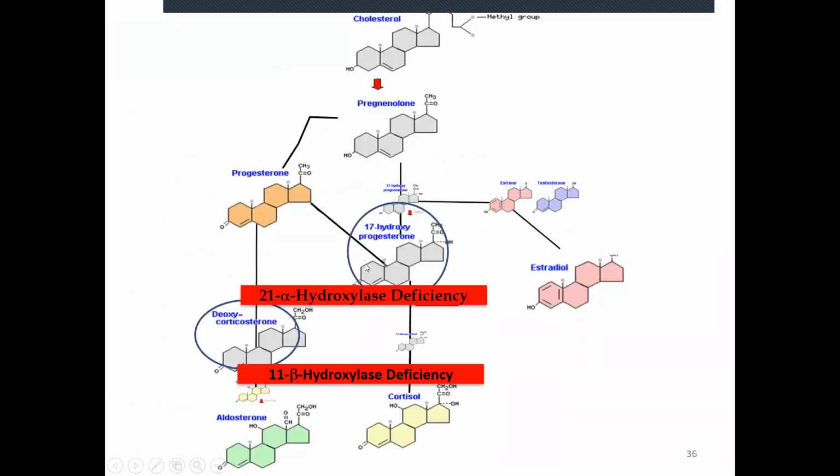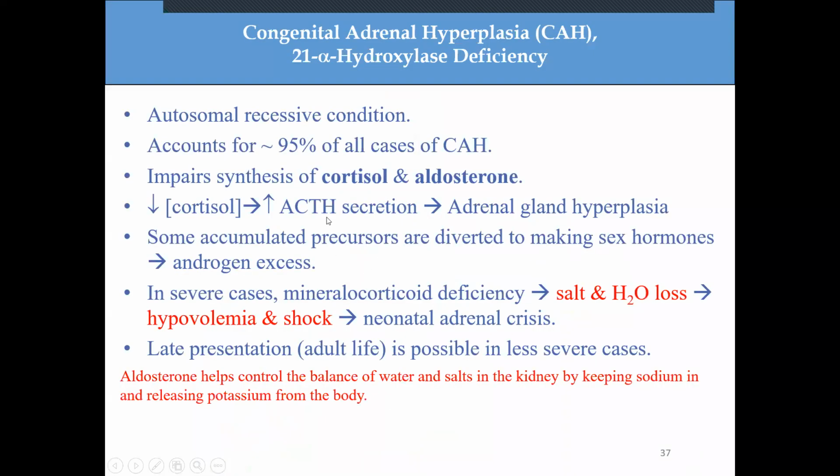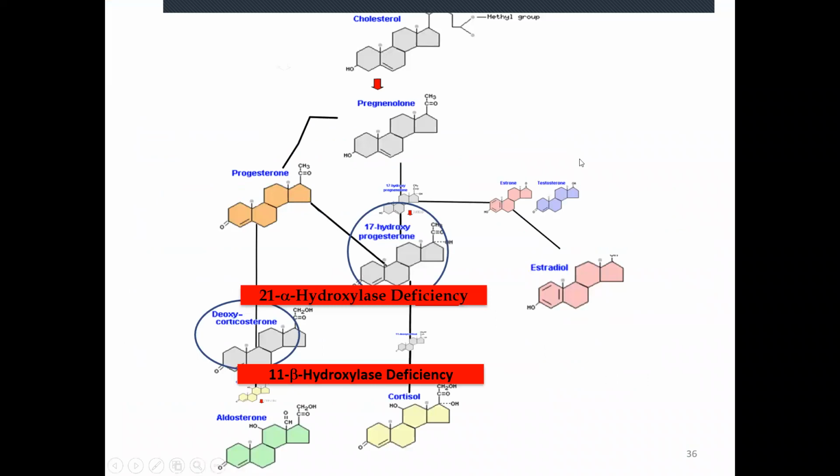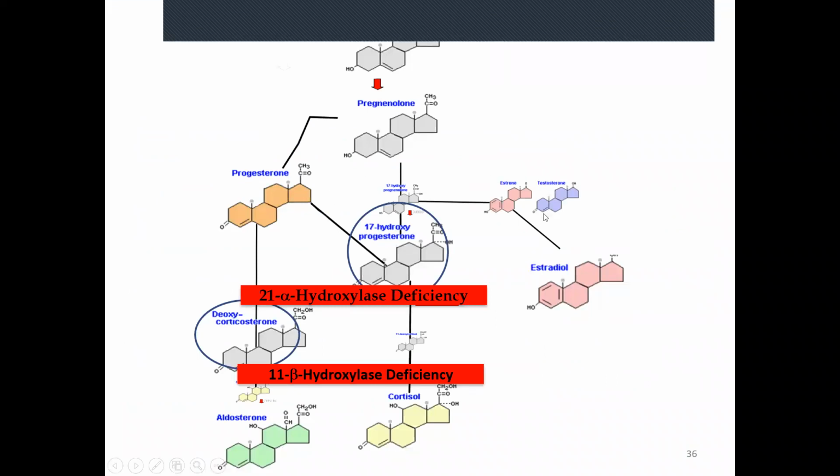Because you're continuously releasing ACTH, the adrenal gland, which is responsible for steroid hormone synthesis, is going to keep trying, but because it can't, it's going to grow and become a lot larger. And like we said, that's going to divert the cholesterol into making estrogens and androgens.